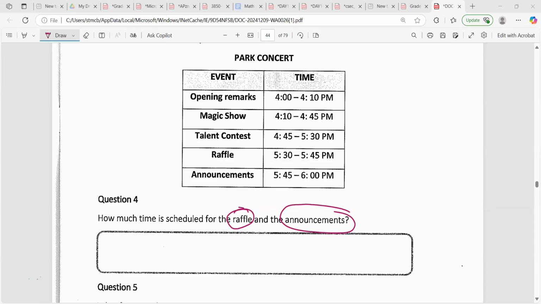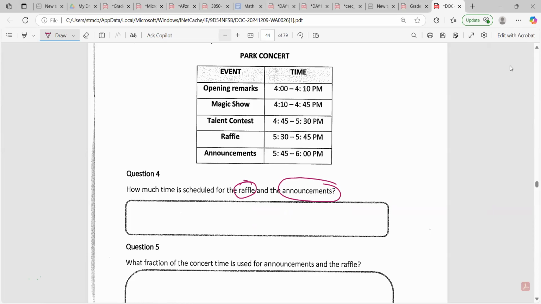All right, someone says scroll up. Let me do this again. Found it, guys. Give me 1 second.